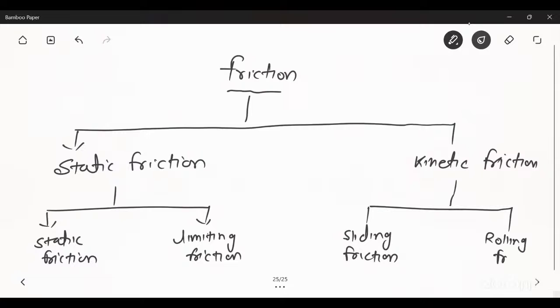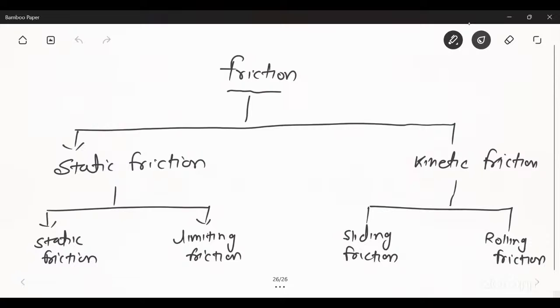So friction is of two types, static friction and kinetic friction. Static friction has two types, static and limiting friction, and kinetic friction has two types, sliding friction and rolling friction.